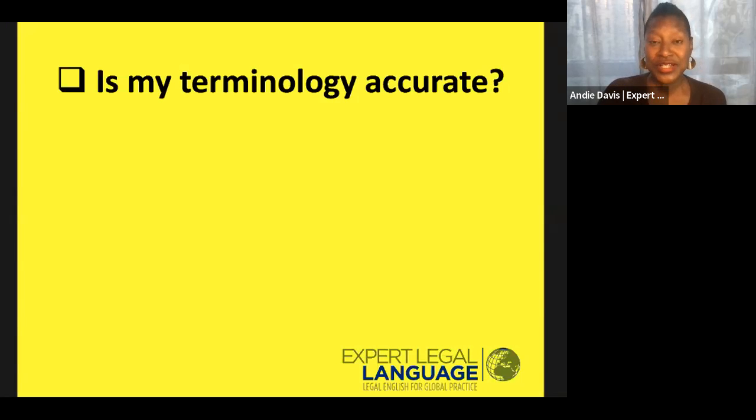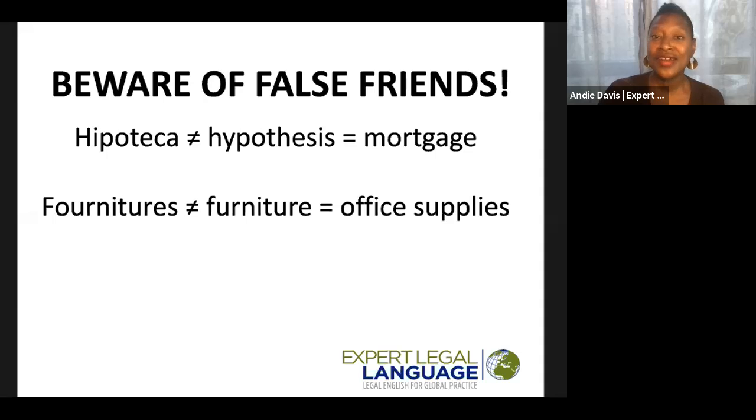Next, very important, is my terminology accurate? And here you need to pause and ask yourself, am I using any false cognates? Am I using a word that appears to me to be similar to a word in my language that means the right thing, but means something different in English? Beware of false friends, my true friends.